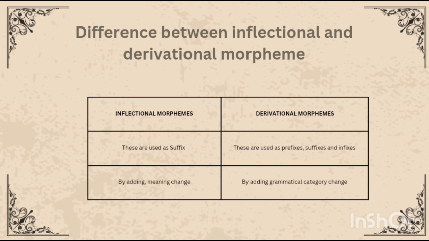The second difference is the change in meaning. When we add an inflection, it changes the meaning of a word, but when we add derivational morphemes, it also changes the grammatical category of the word.